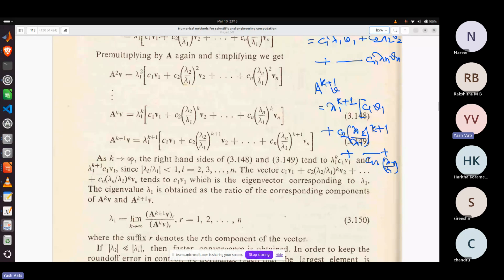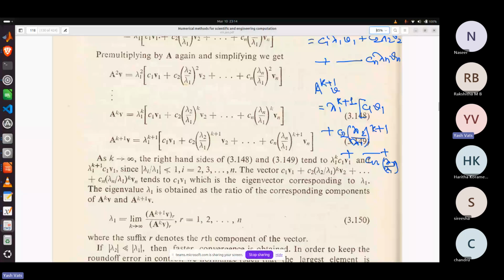So as k approaches infinity, the right hand sides tend to lambda 1 to the power k C1 V1 and lambda 1 to the power k plus 1 C1 V1, since lambda i divided by lambda 1 is less than 1.